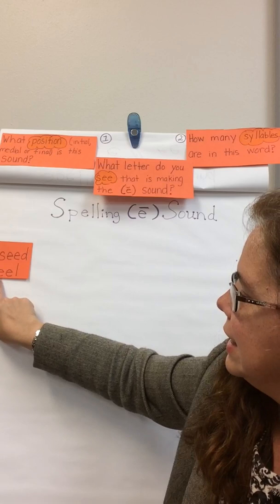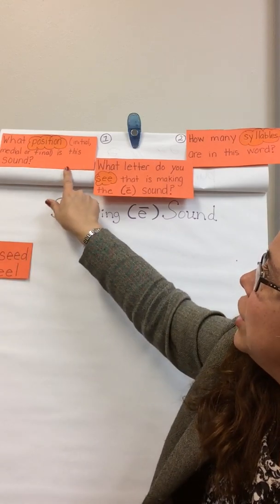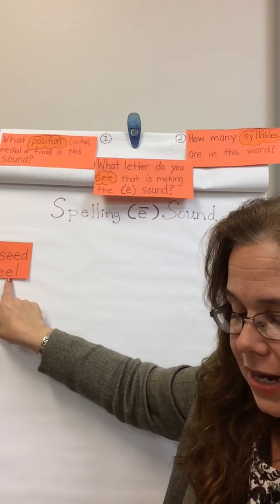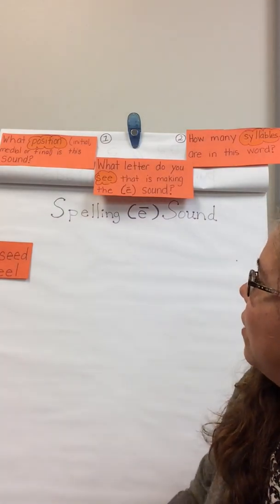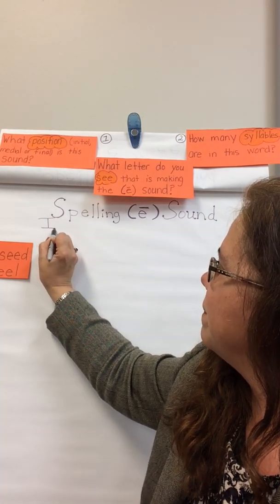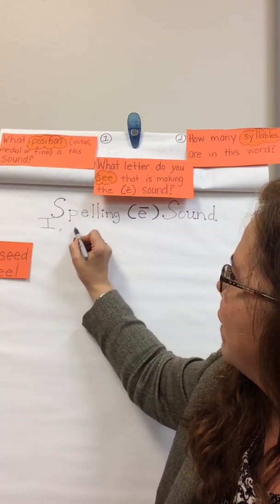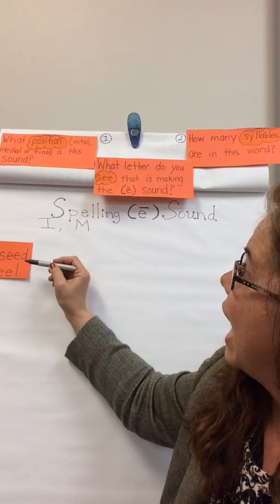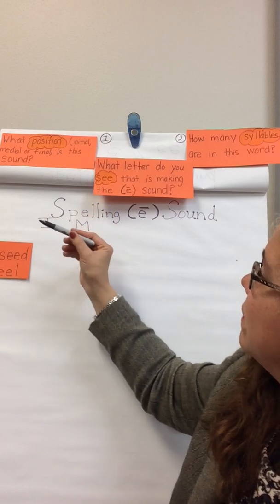What about eel? What position, initial, medial, or final, is this sound? You're right, it's in the initial. So I for initial, comma to separate it, M for medial, I am hearing the E sound.